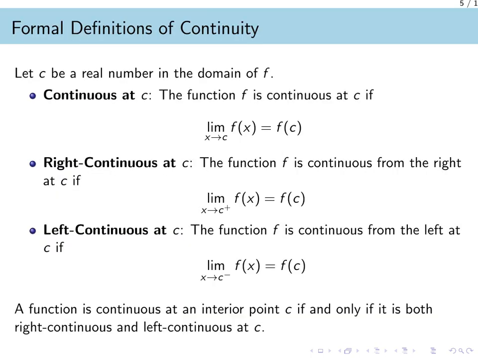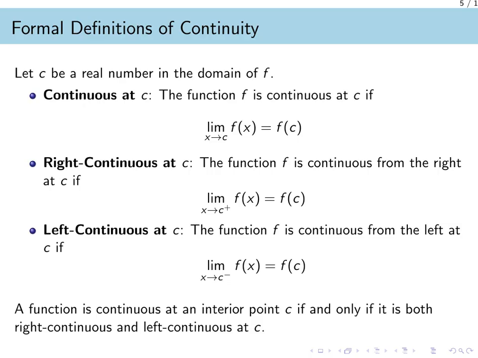Let us formalize our idea of an unbroken graph with three precise definitions of continuity at a point. First, for a function f to be continuous at a point c, its two-sided limit as x approaches c must exist and be exactly equal to the function's actual value at c. This ensures the point is right where the surrounding graph predicts it should be.